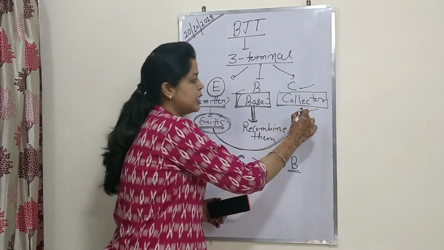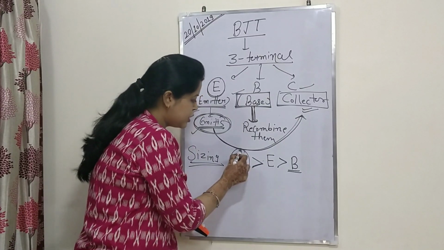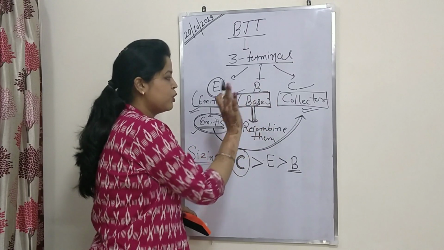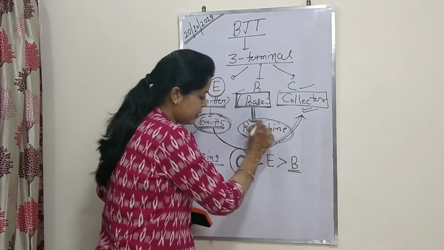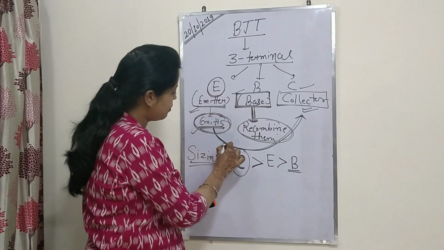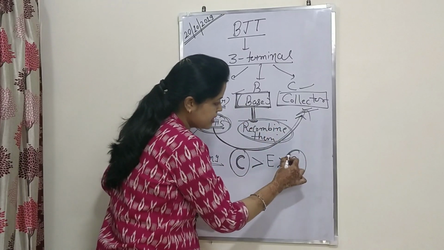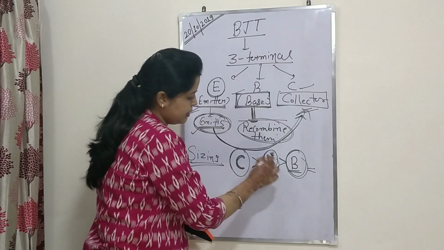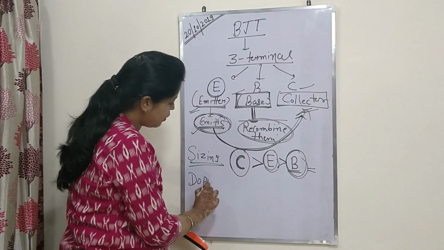So in order to collect more and more charge carriers, the size of the collector terminal should be maximum, while base should be minimum, just to reduce the recombination process, so that maximum charge can start from here and can go there. That's the reason that the size of base is very small and the emitter is intermediate.